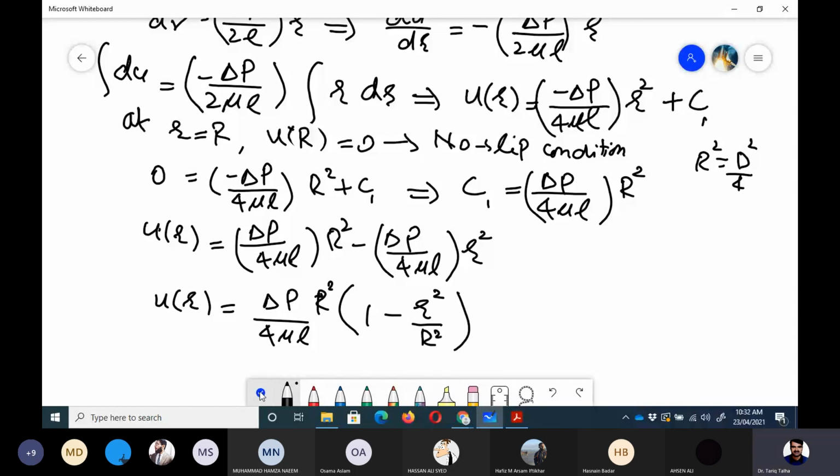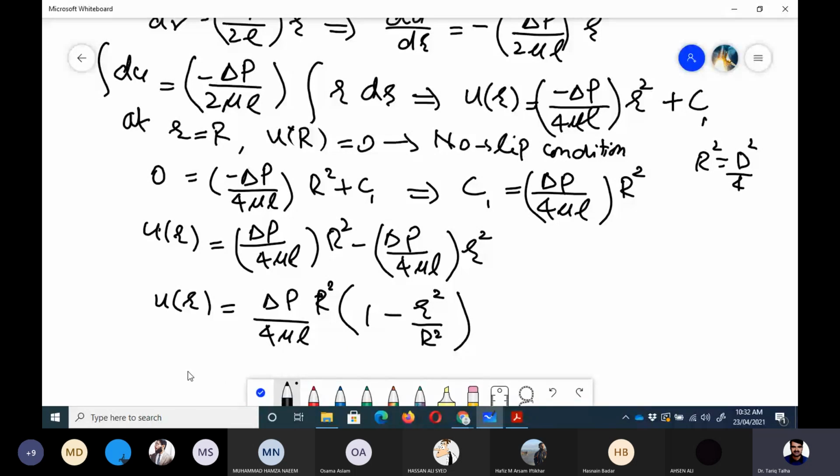Right. So this is our velocity profile in terms of pressure drop.